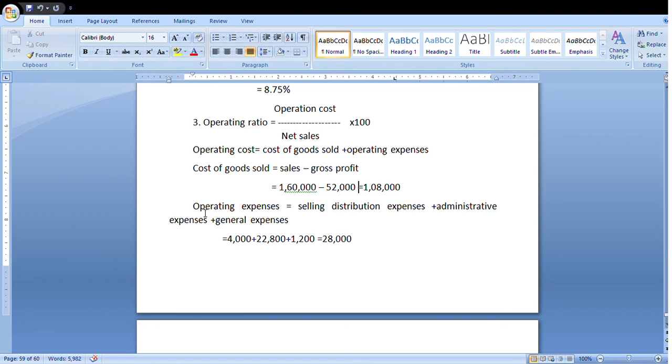Next, operating expenses is equal to selling and distribution expenses plus administrative expenses plus general expenses. These are all given in the problem.